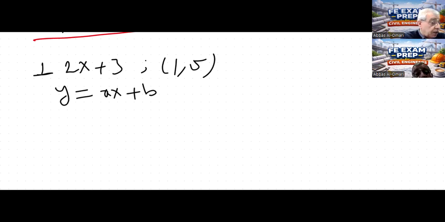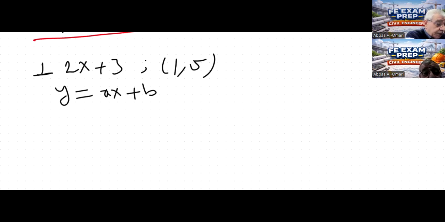So for this problem, it tells us that the line is perpendicular to another straight line. Now, when two straight lines are perpendicular, that means the multiplication of their slopes is -1. So the slope of the given line is 2.